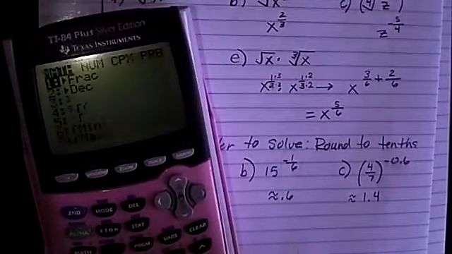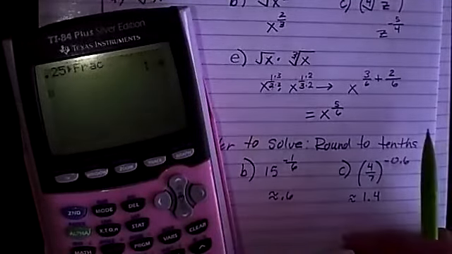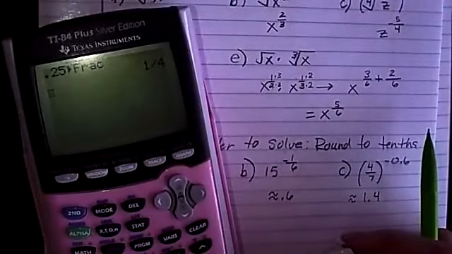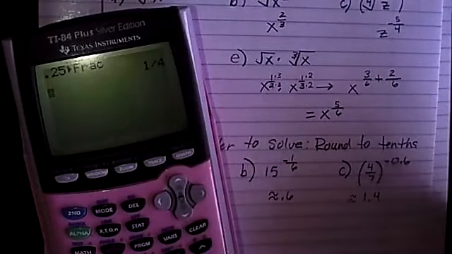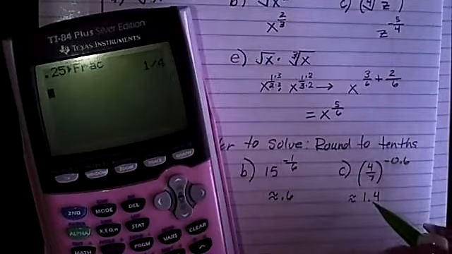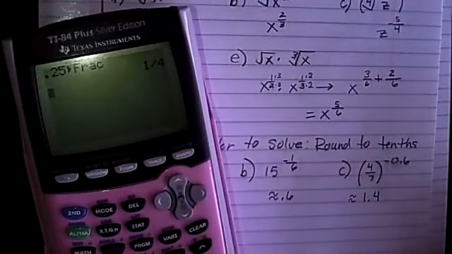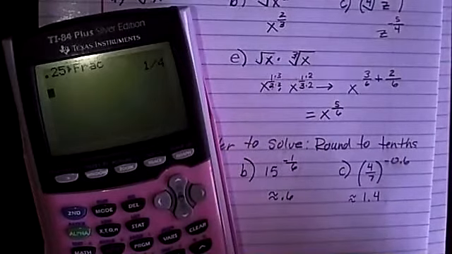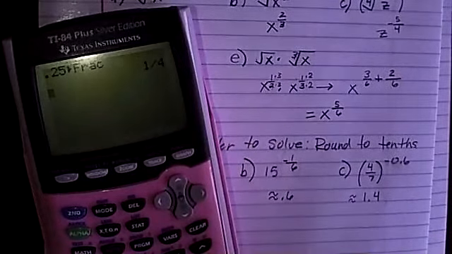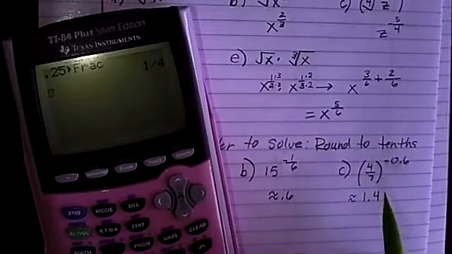You can go to math, go to fraction, and that will put it into a fraction for you, just so you know how to convert to a fraction if you need to. Now, on those ones before, that is going to be an irrational number, because it goes on infinitely and doesn't repeat, so that's called irrational. You're not going to be able to put an irrational number back into a fraction because it's a number that never ends. So that's why that wouldn't put it back into a fraction.